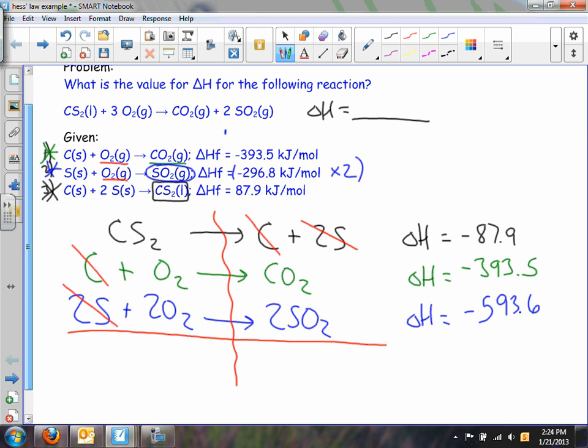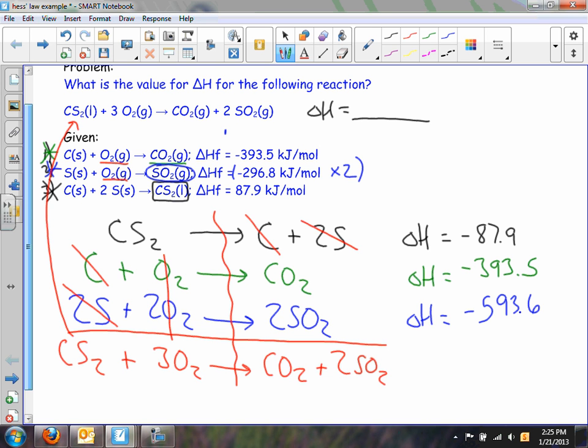And it doesn't look like I can cancel anything else out. So what I'm left with on the left is a CS2 plus 2 plus 1 is 3 O2s, producing 1 CO2 and 2 SO2s. And if we compare, that is exactly what the equation says. So I know I did it right.